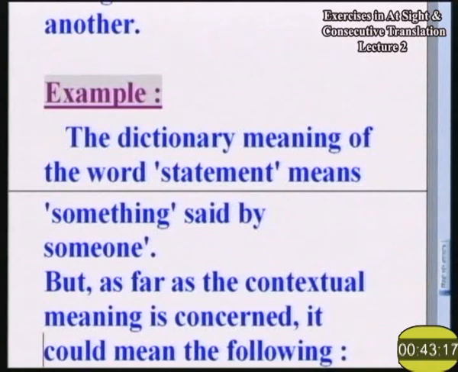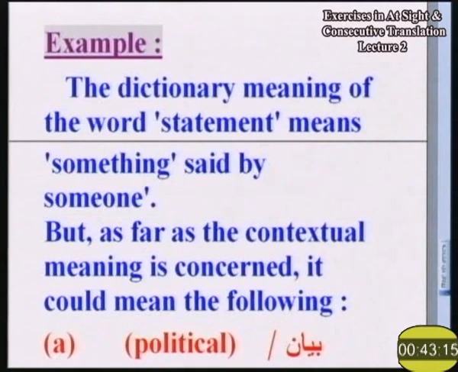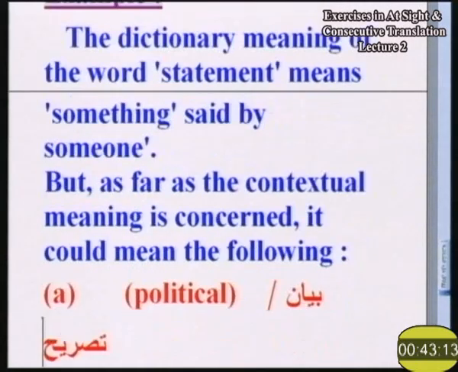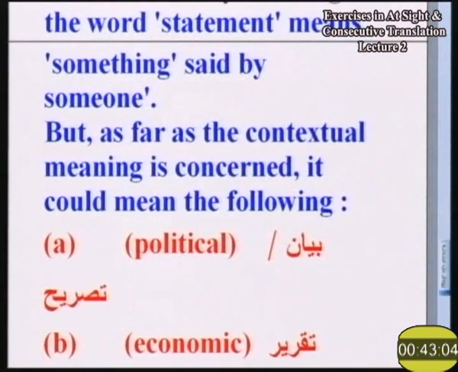But as far as the contextual meaning is concerned, it could mean the following. Number A, in a political context, in a political situation or text, it could mean bayan or tasrih. For instance, if we say, in the president's statement, he said that, etc. He said that he is very much concerned about the people of Egypt.